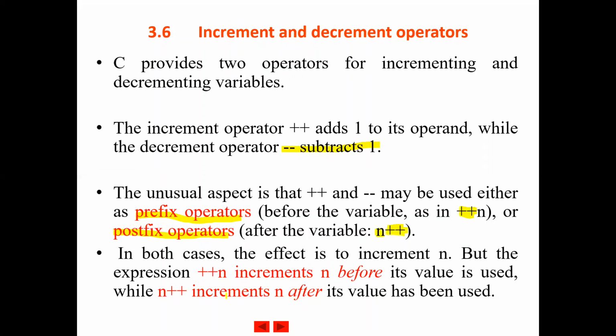In both the increment and decrement operator, we can have prefix and postfix. We will see what is the difference between the postfix and the prefix. In both cases, we will increment the value of the operand by 1. Here the operand is n, so we will increment the value of the variable n by 1.